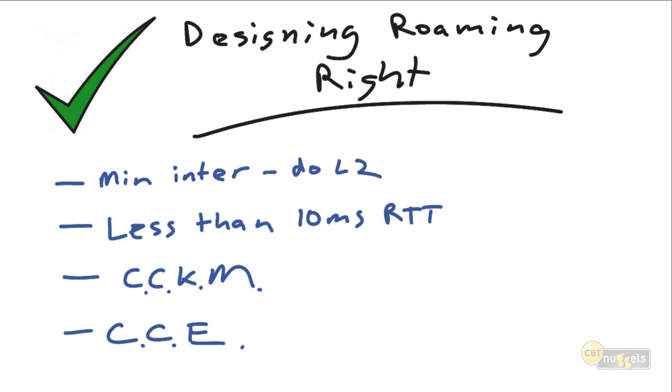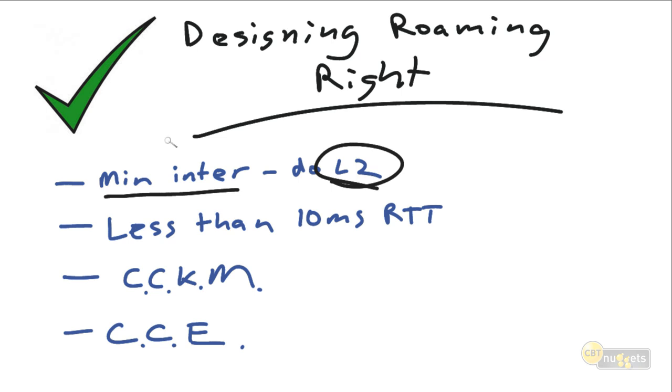Let me give you 4 key design recommendations for you when it comes to this topic of roaming. I already alluded to it. Try and minimize the amount of inter-controller roaming that your individuals have to do. If you are going to be doing a lot of inter-controller roaming, try and keep it that layer 2 variety where you're not jumping between subnets.